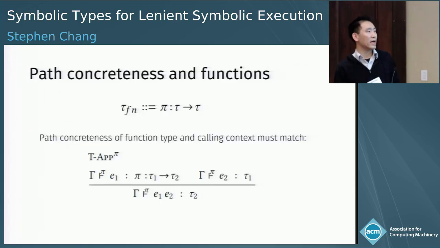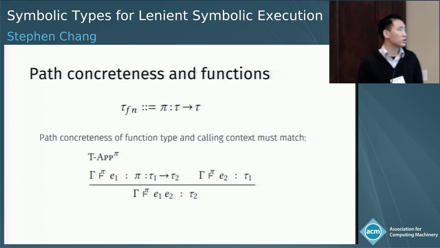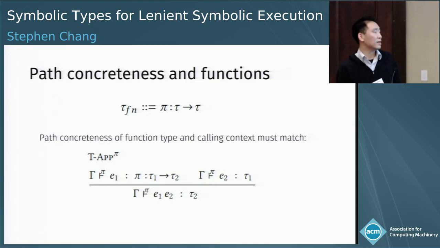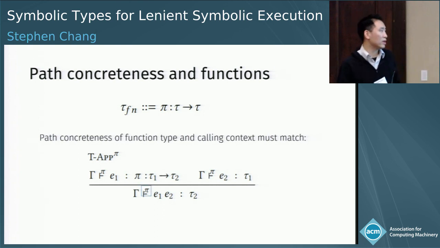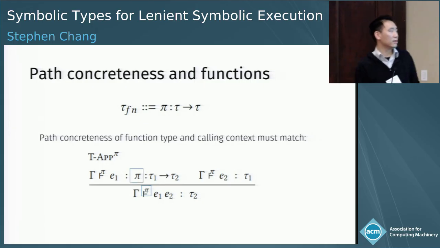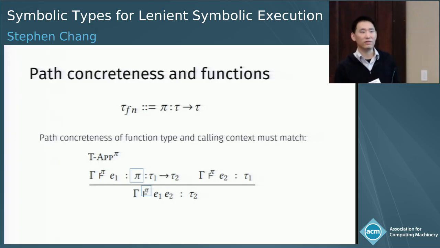And the way we do this is we add another component to function types, which is a path, and this indicates the kinds of paths under which the function is allowed to be applied. And we can see that in the application rule. If we're applying a function in a certain path pi, then the function must have a type that matches the context of the application.